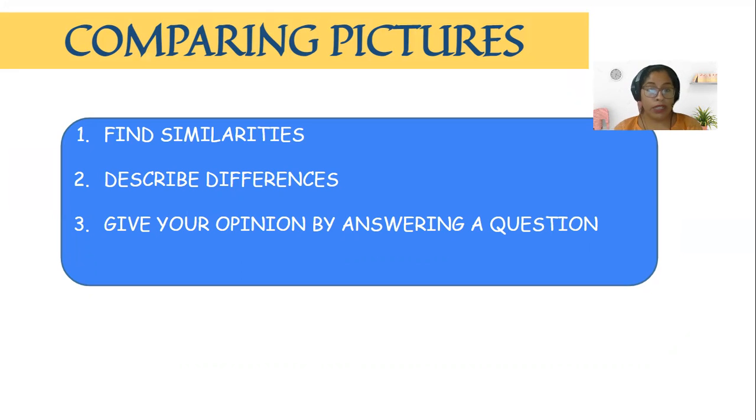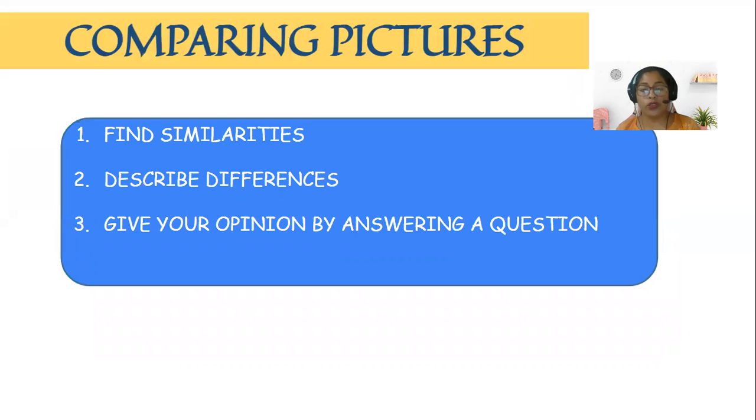Focus on the similarities. Okay, first of all, find all the similarities that you can in both pictures. After that, describe the differences. Okay, describe all the differences that you can find in the pictures.